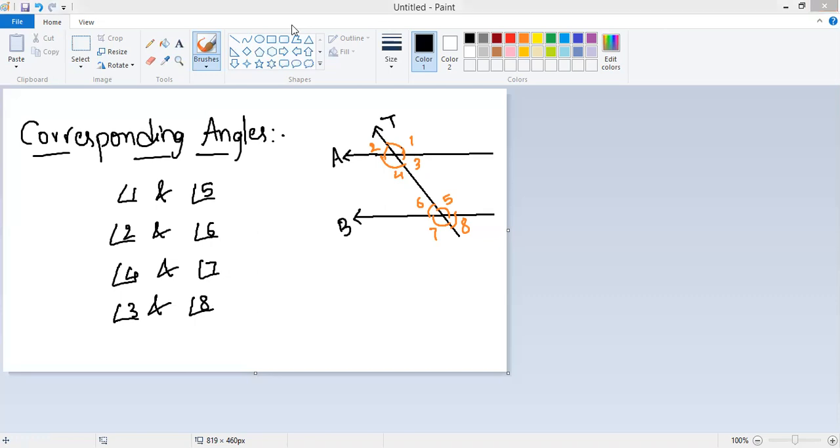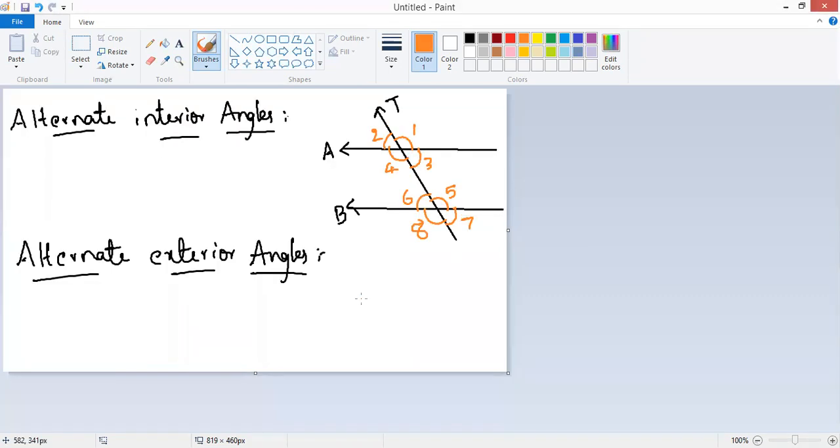Now, alternate interior angles and alternate exterior angles. When a transversal intersects two parallel lines, the angles formed in between the parallel lines but on the opposite sides of the transversal are called alternate interior angles. Here, angle 4, angle 3, angle 6 and angle 5 are the four angles formed in between the parallel lines.